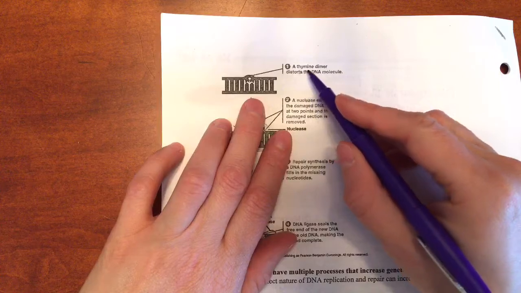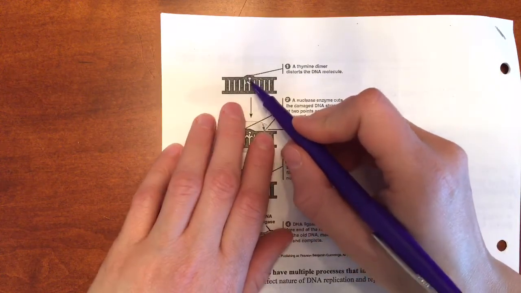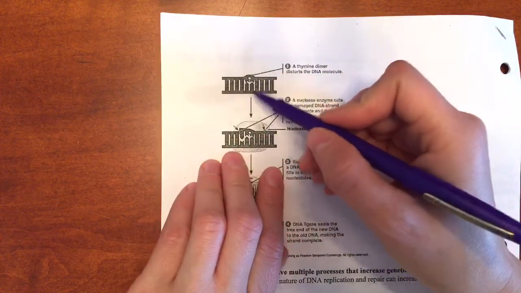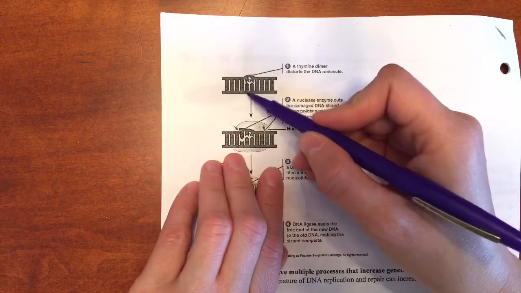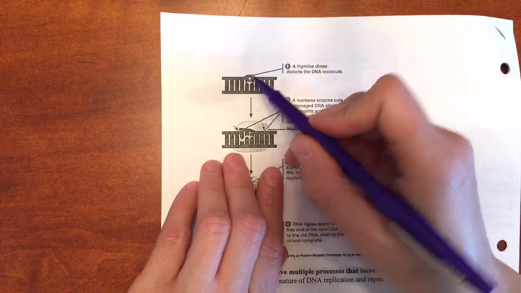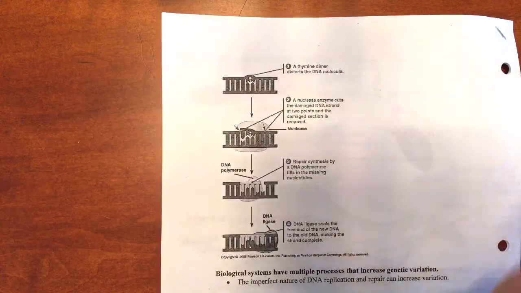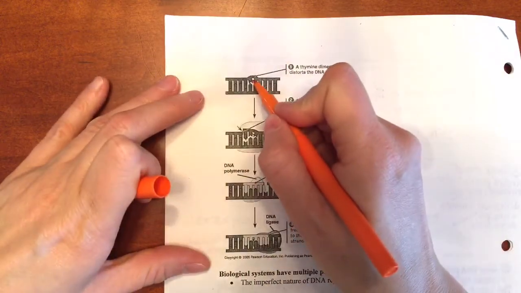Notice here it says a thymine dimer distorts the DNA molecule. So these are T's, and it hasn't necessarily made a mismatch. It still is with an A, but if you notice here, do you see how these T's are bonded together this way? There's that little line right there that bonds them together. That's not supposed to be there.